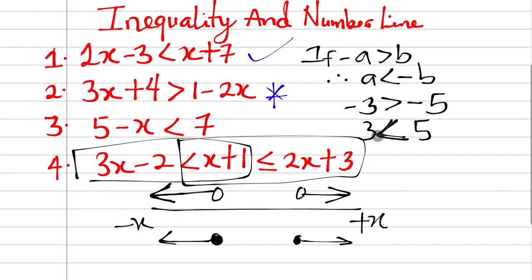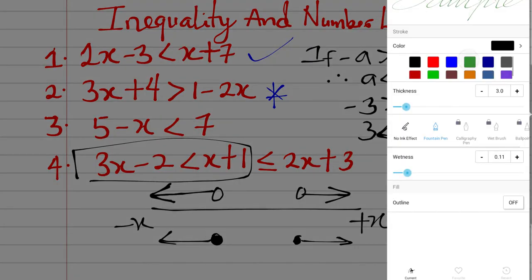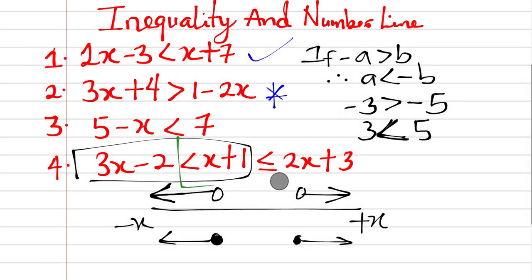Let me change that pen there. After solving the black box first, then you now solve the green box. Then after that, you join them together, and that will be your answer. Sure, you get the idea of what I'm saying now? It's a very simple one. Also, you don't need to look at it like one big thing.